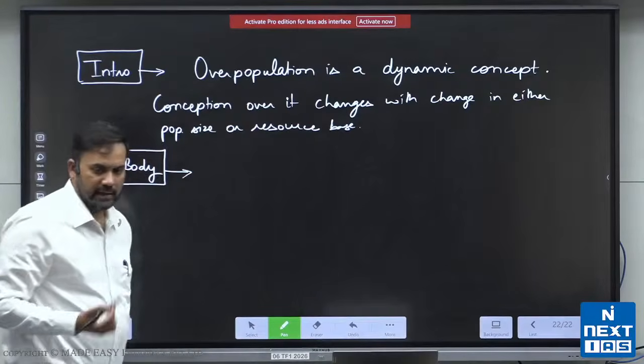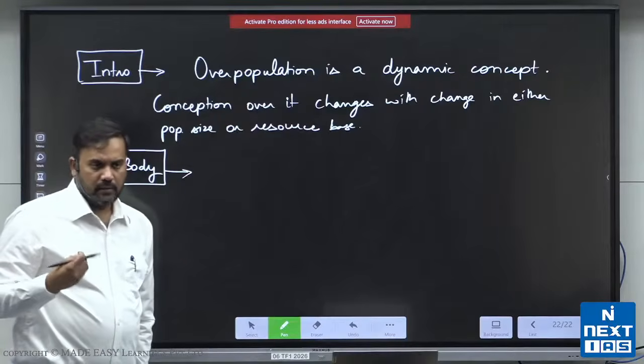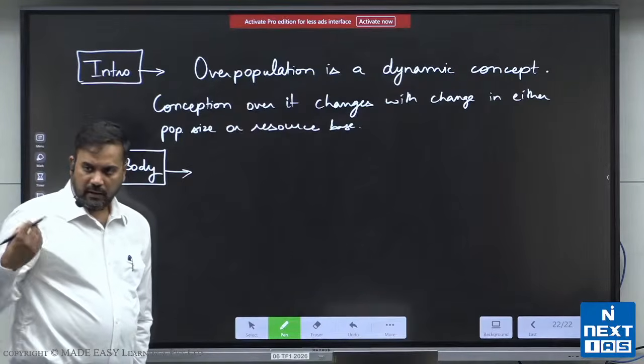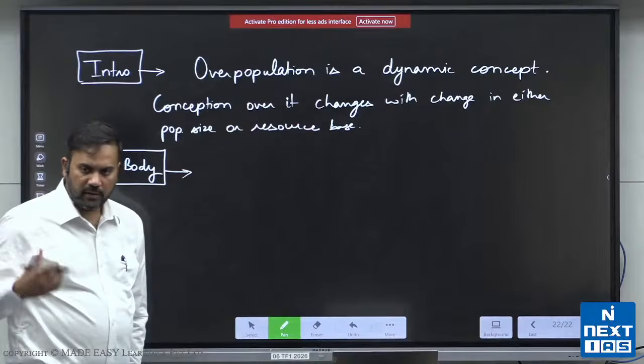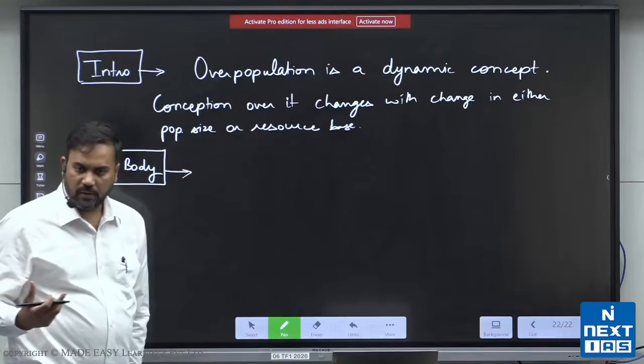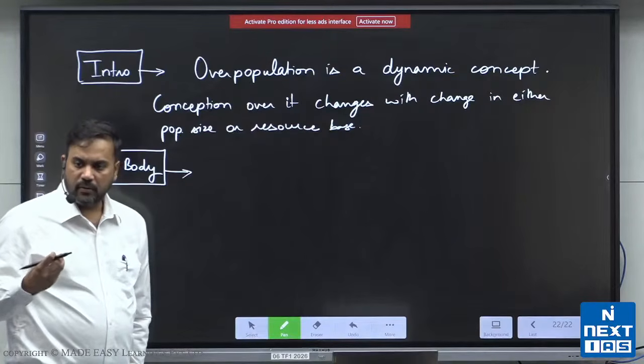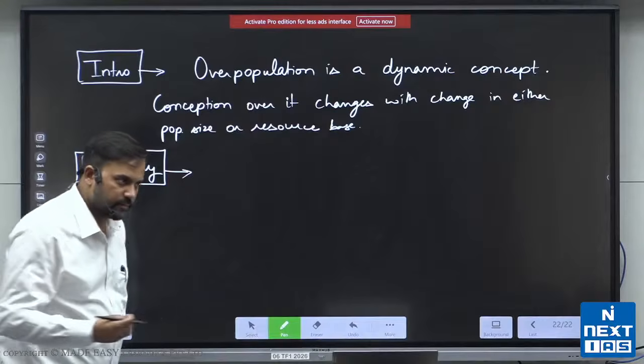And here, can I say that I have to talk about the ongoing and continuing global warming or climate change is expected to do what? It is expected to reduce the resource base. ठीक है?